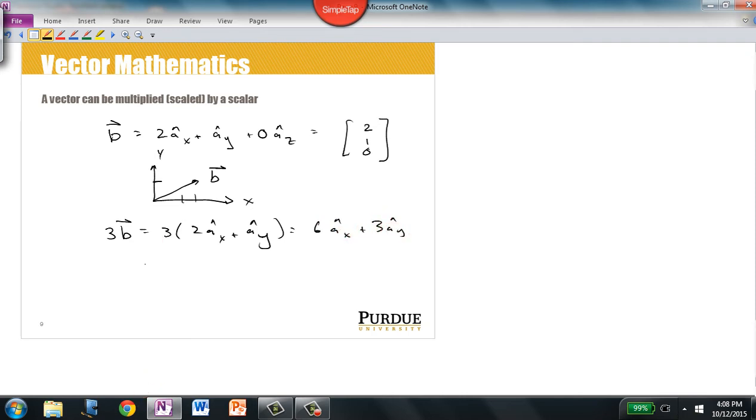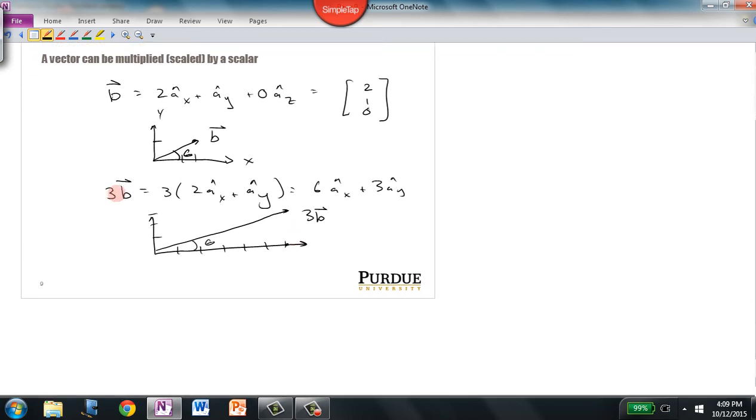If I were to plot that, 1, 2, 3, 4, 5, 6 in the x direction, 1, 2, 3 in the y direction, that is the resulting vector 3B. From this plot, we see that the scalar multiplication changed the magnitude of the vector. It made it longer, but it did not change the direction. This angle theta is the same as that angle right there. So scalar multiplication does not change direction, it only changes magnitude.